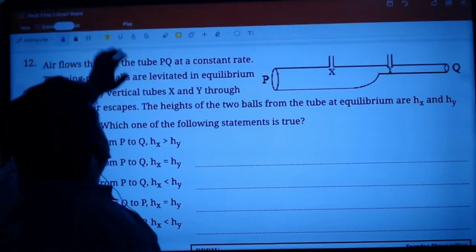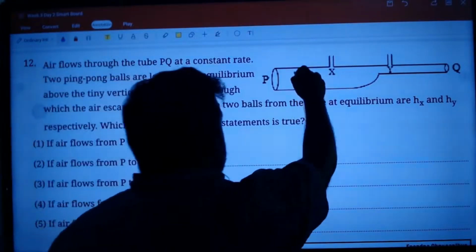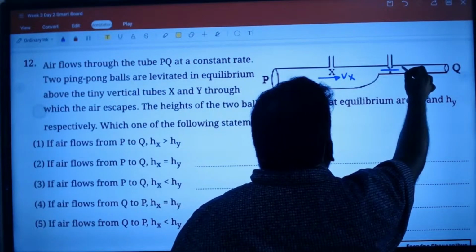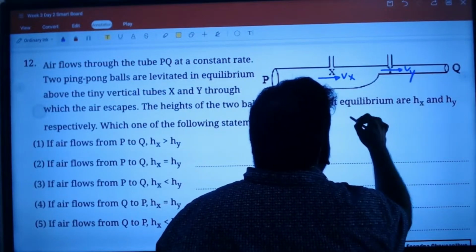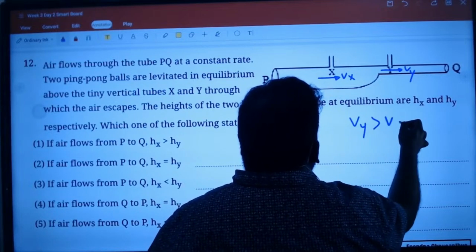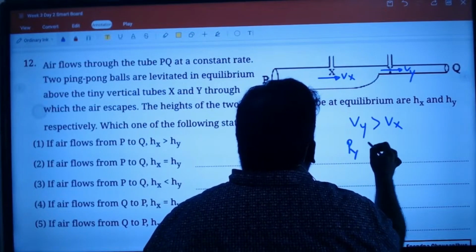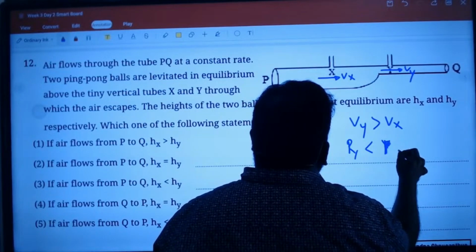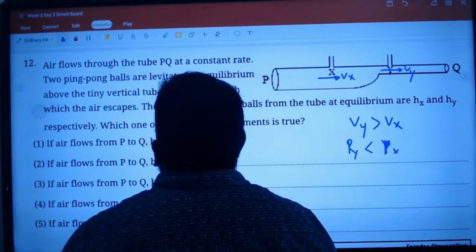This one. Air flows through. Now here, larger area, low velocity. Small area, high velocity. Velocity of y is greater than velocity of x. Pressure of y is less than pressure of x. What will happen?